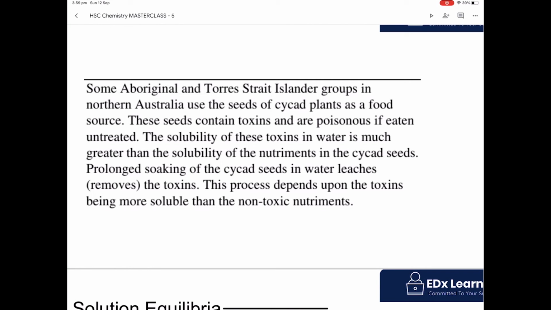And then there's heating as well to denature the toxin. Good. So that's everything here. So you just need to know the chemical properties that allow those detoxification processes to occur. So high solubility is one. Another one is fermentation as well. Good.